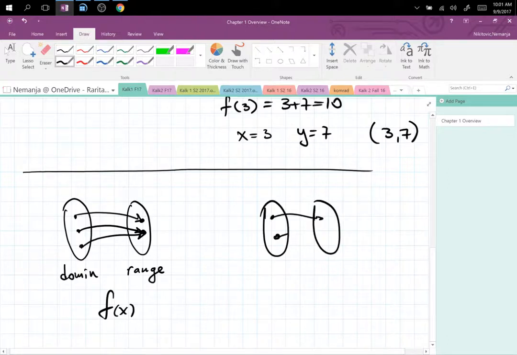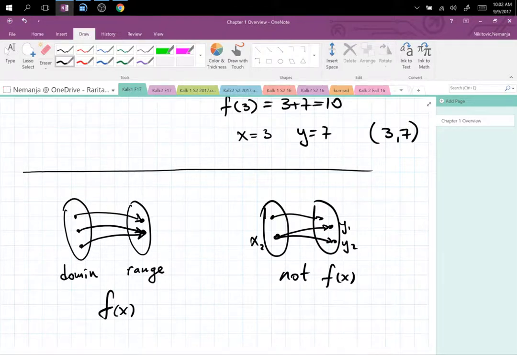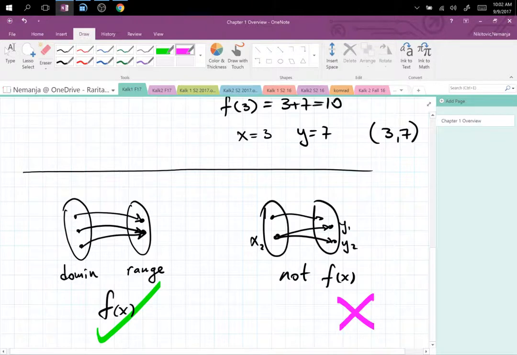When a member of the input maps into two different outputs, not a function. So the situation on the left is okay. The situation on the right is no. You can think about this.